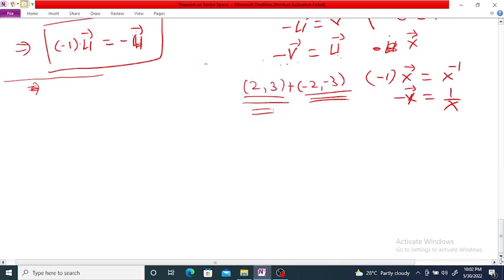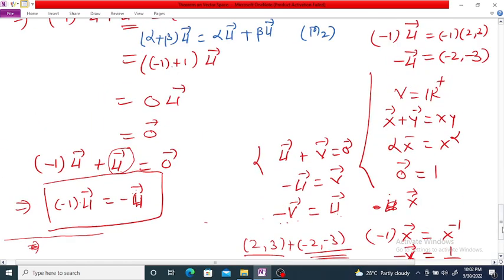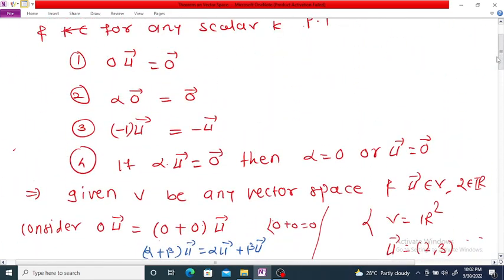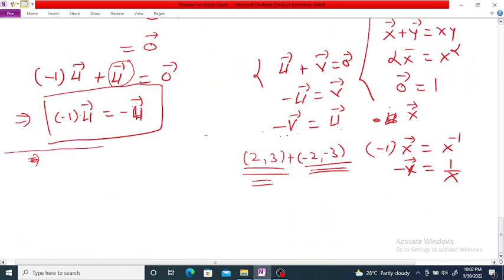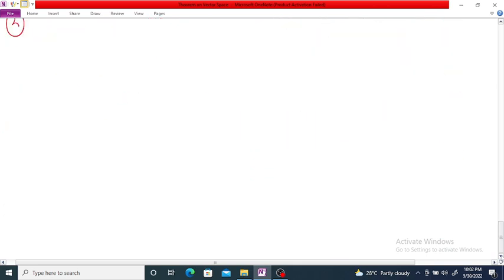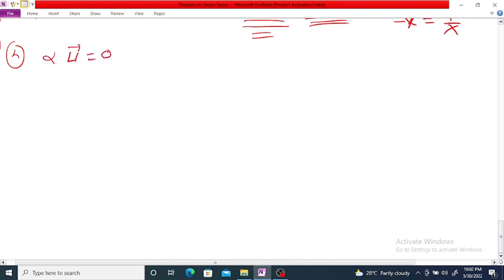Now last, if alpha into u bar is equal to 0 bar, what we want to prove here, number 4, is that either alpha equal to 0 or u bar is equal to 0 bar.